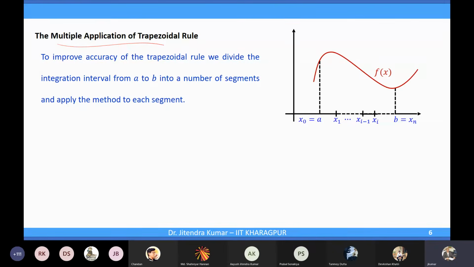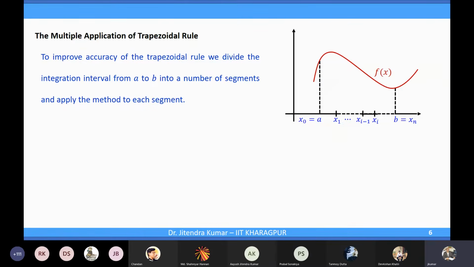So that means this x0 is a, we are denoting by x now. So then we have x1, x2, x3, and so on up to xn. So how many intervals do we have? Because from x0 to xn, we have divided the whole range. So there are n intervals, right? So there is always one more point. So we have n plus 1 points, meaning we have n intervals.